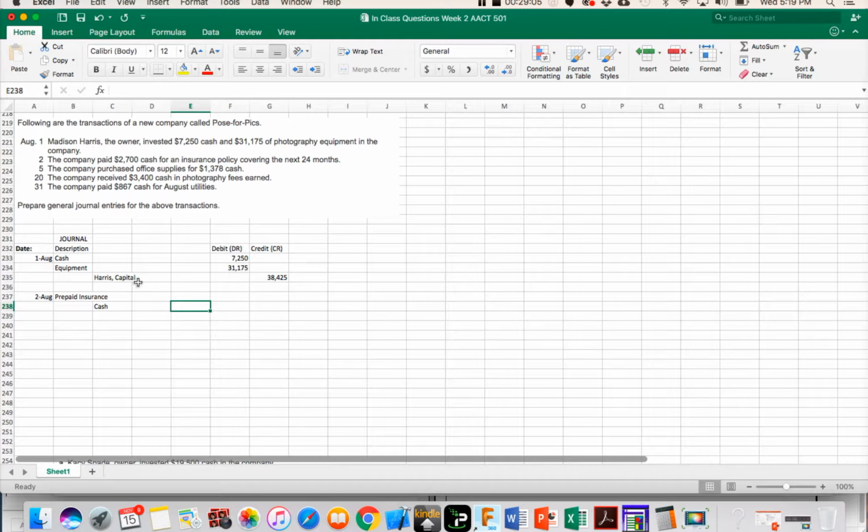On the right side, we've got this Harris Capital account, and in this case, what is balancing this increase to the assets is an offsetting increase to owner's equity. So I know these accounts are on the right side of the basic accounting equation and carry a credit balance. I want to increase this account, so I'm crediting it. That's one way of thinking about it. I think the easiest way of thinking about it.